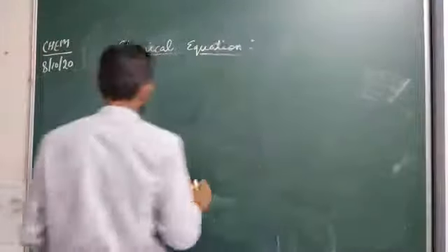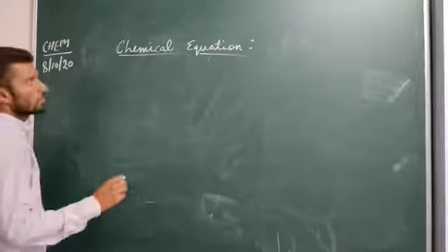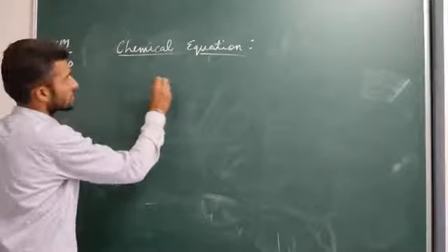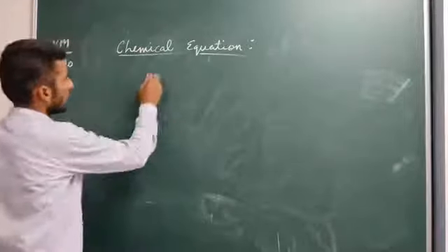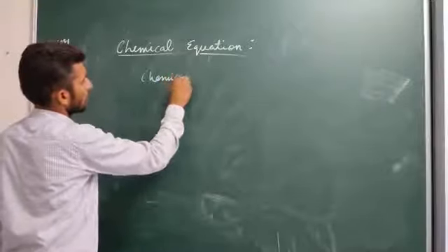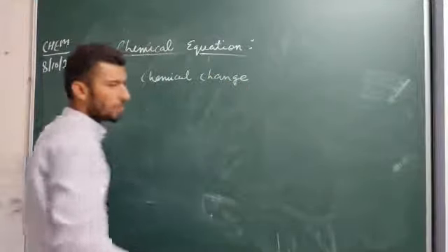Okay, now the next one is chemical equations. So chemical equations, what are these? It's a type of equation that represents a chemical change. They represent the chemical change. We know what is a chemical change?